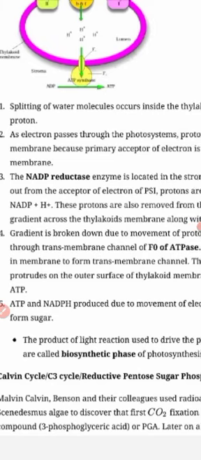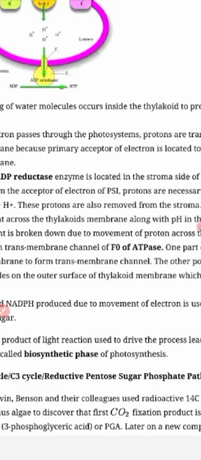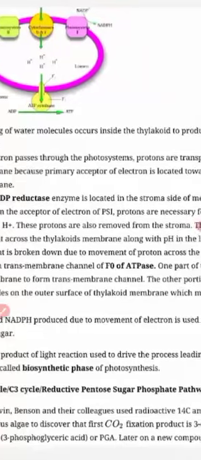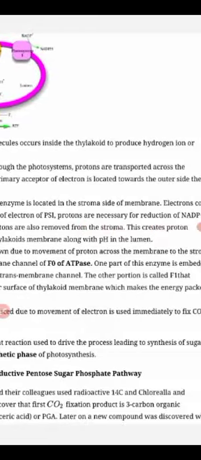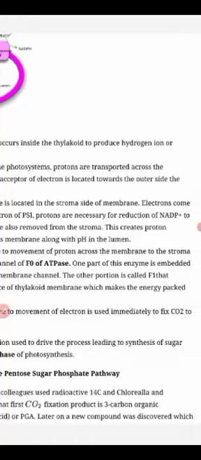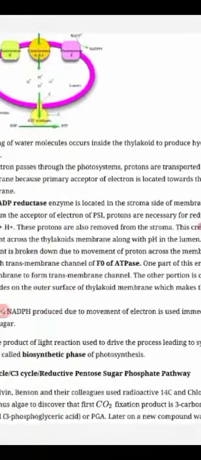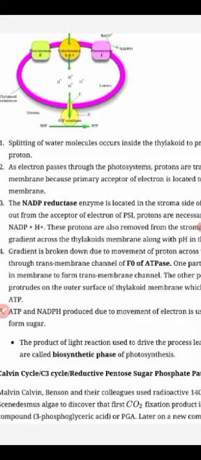ATP and NADPH produced due to the movement of electrons is used immediately to fix CO2 to form sugar.